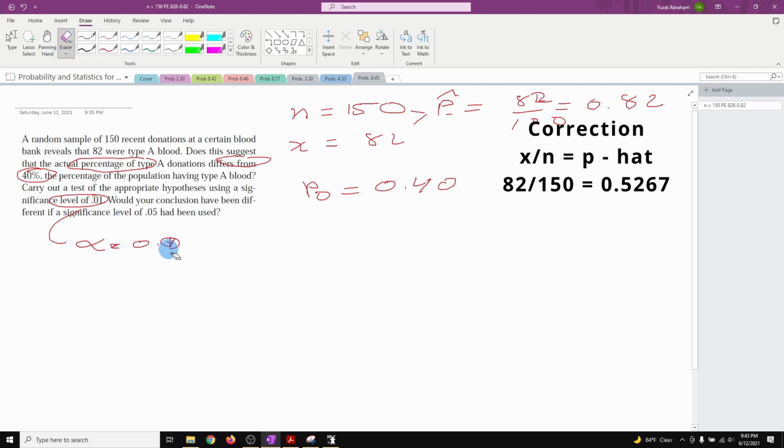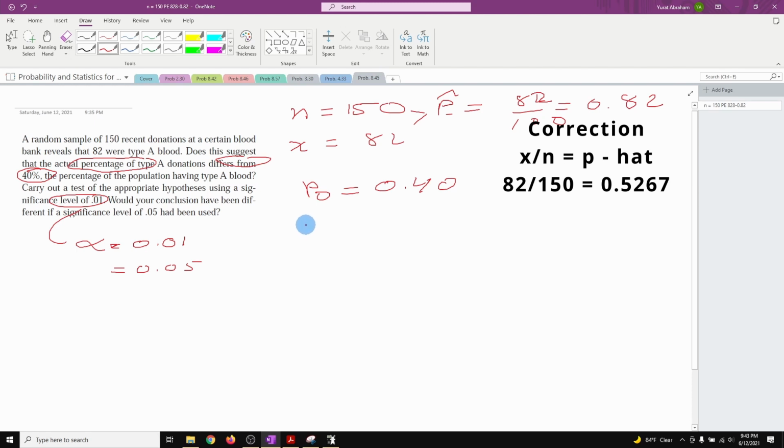Let me make a nice circle here for you guys. 0.01. And then you could have a different result if the significance level is 0.05. So we're going to do it for both of them, 0.01 and 0.05.